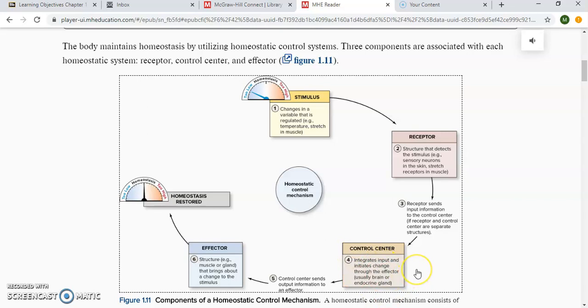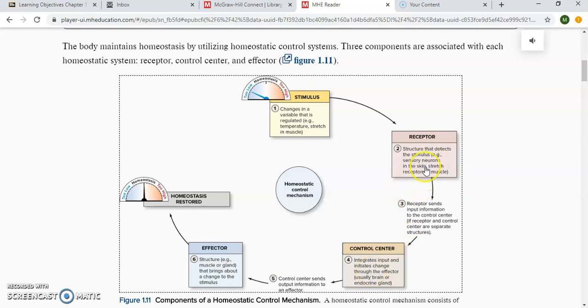So it's generally the brain, which is the nervous system. It could be the spinal cord, also the nervous system, or the endocrine system. And the endocrine system, if you're not yet familiar with it, is all those glands in the body that produce hormones, like the thyroid gland, the adrenal glands, and the pancreas. They're part of the endocrine system. So that's going to be the control center.